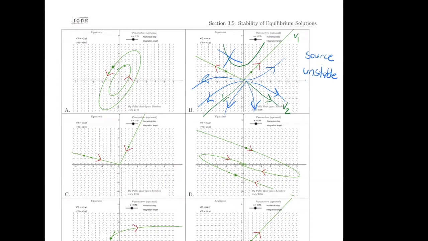Any questions? For C, what do you think should be true about the eigenvalues for that corresponding system? Both negative. Yeah, so this would be a case where they are both negative.